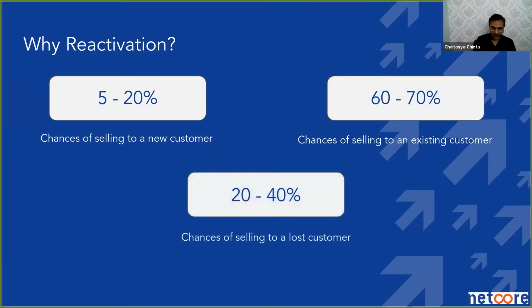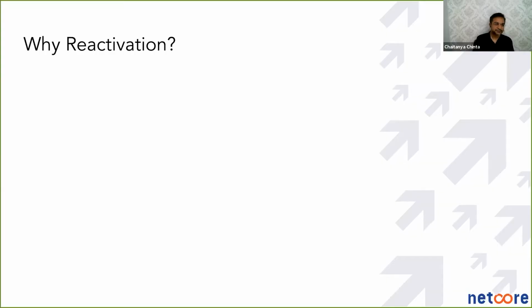But when it comes to a lost customer, which is where we are going to spend more time today, the chances of selling to a lost customer is about 20 to 40%, right? So in a way, selling to a lost customer is easier than selling to a new customer, because the customer already knows about your brand, has some experience with you as a brand, knows what you're offering, and hence the chances of selling to a lost customer are better.